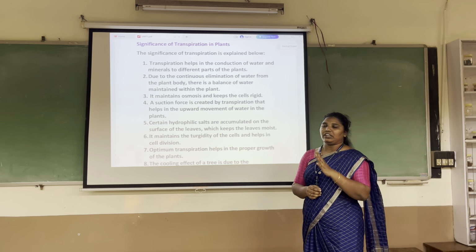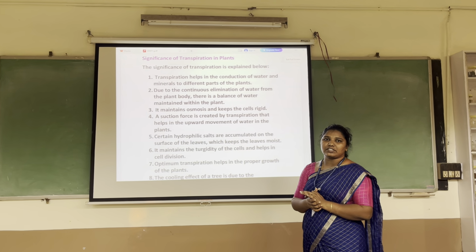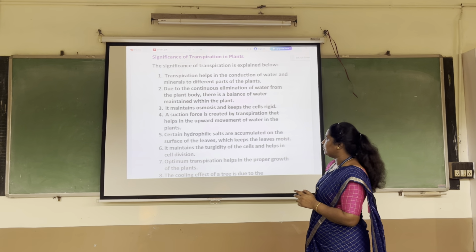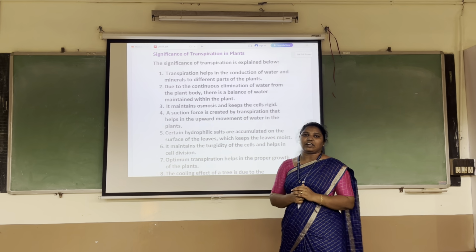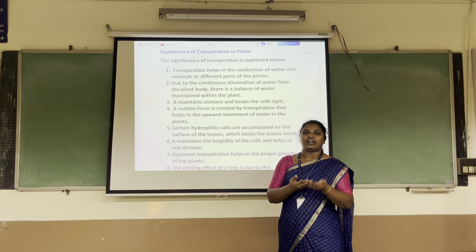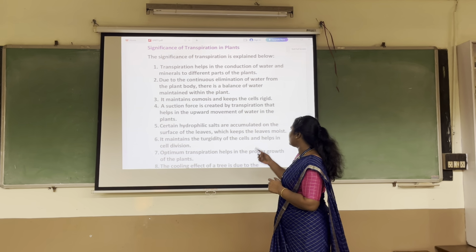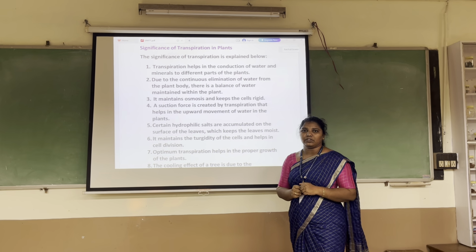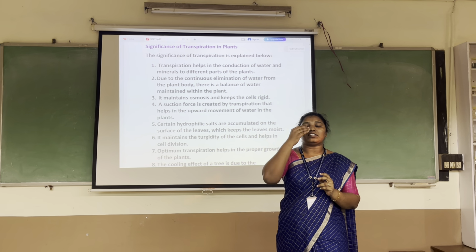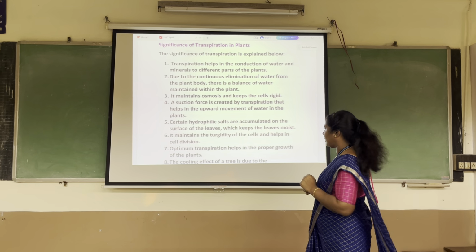There is no balance of water in the plant body, so certain minerals and nutrients get exit from the stomata. A suction force is created by transpiration again, which means the plant can balance the water inside and outside. Certain hydrophilic salts are also accumulated on the surface of the leaf. Through the exit of water, the salts which are dissolved in the water get settled on the surface of the bark.